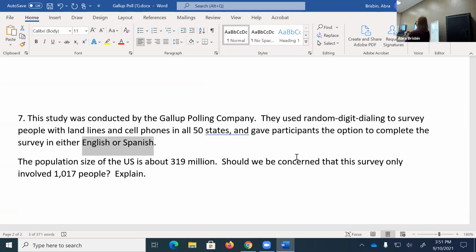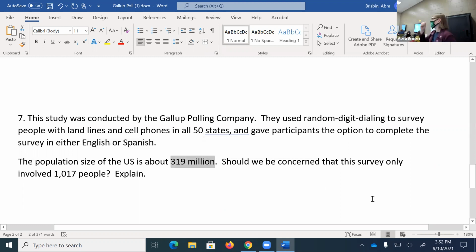Let's get some translators who speak Hmong and Arabic. Let's figure out a better way to survey homeless people who don't have phones, things like that. The fact that the sample size is small compared to the population size is not really a concern.